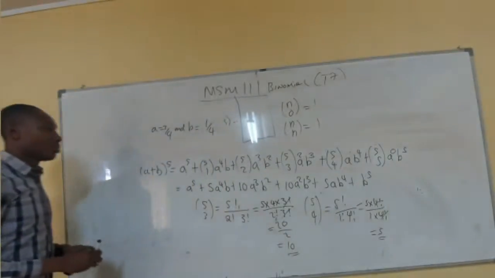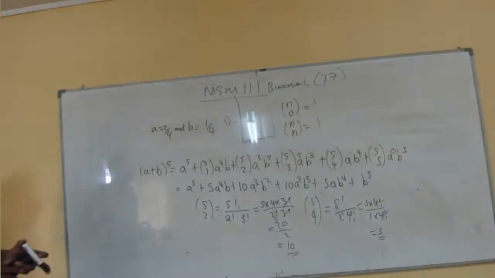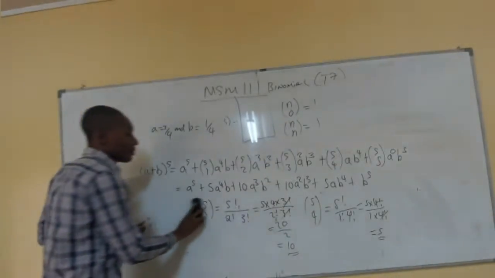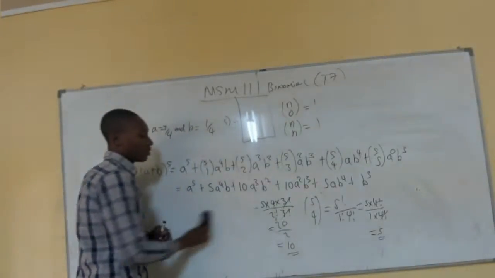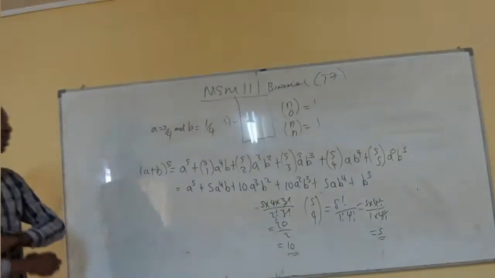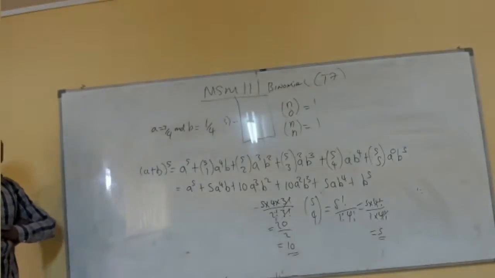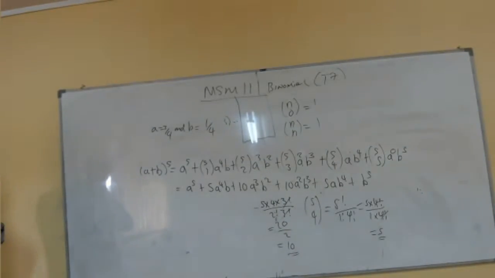Okay, so basically, this is the expansion that we have here. Now what we've been asked is: given that a is equal to 3 over 4 and b is equal to 1 over 4, find as a fraction the value of the fourth term of the expansion.